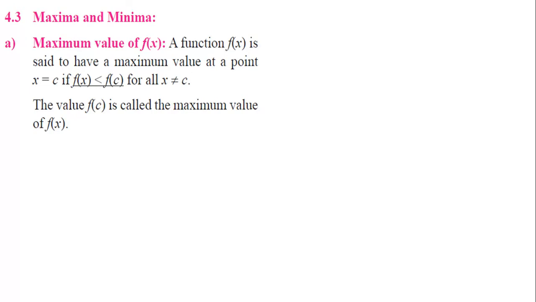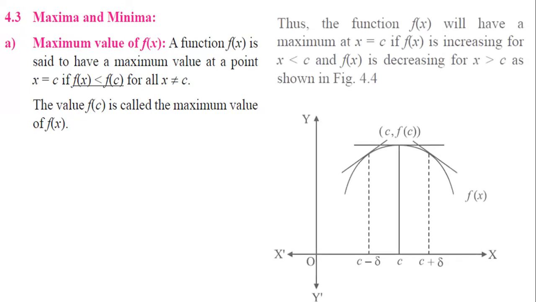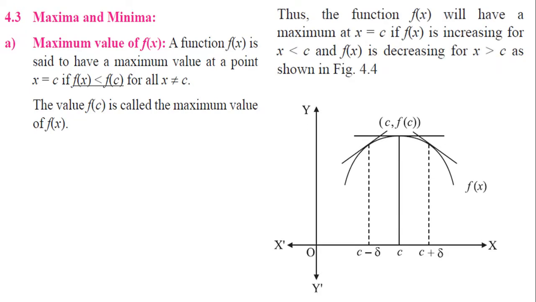See this carefully. Thus we can say that the function f(x) will have a maximum value at x = c if f(x) is increasing for x less than c and decreasing for x greater than c, as shown in this figure.